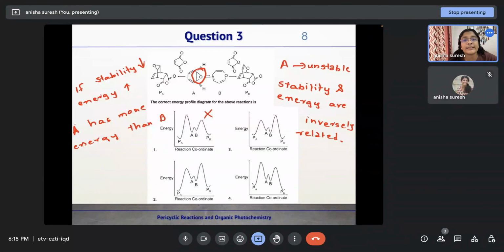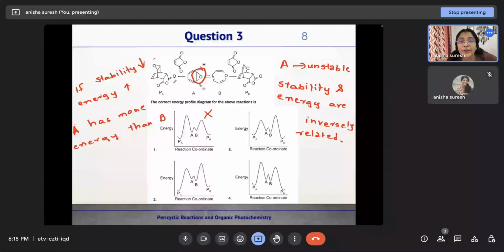Now this is unstable, hence it can easily react with this dienophile, giving this 4 plus 2 addition product. And since it is a fused system, the cis conformation will be fixed and the reaction will be taking place at a faster rate.